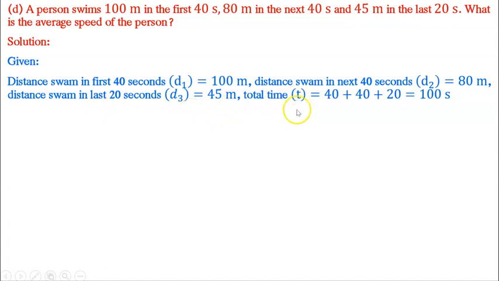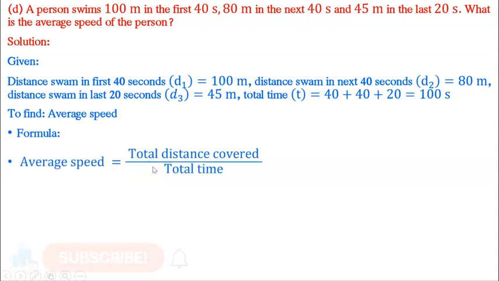Therefore the total time is 40 plus 40 plus 20, total 100 second. We will find the average speed. The formula for average speed is total distance covered upon total time required.